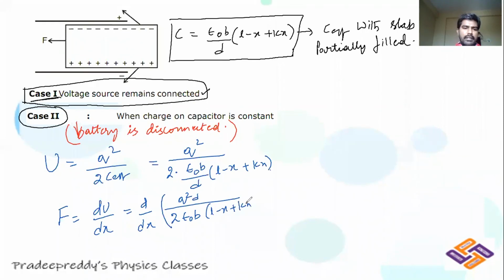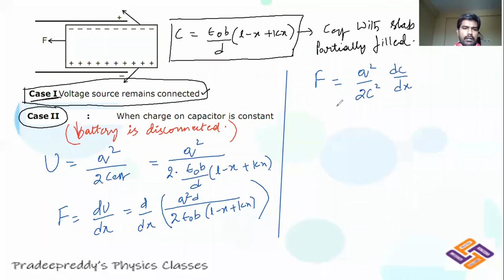When you differentiate this whole term, you will get the final expression F is equal to Q square divided by 2C square into dC divided by dx.